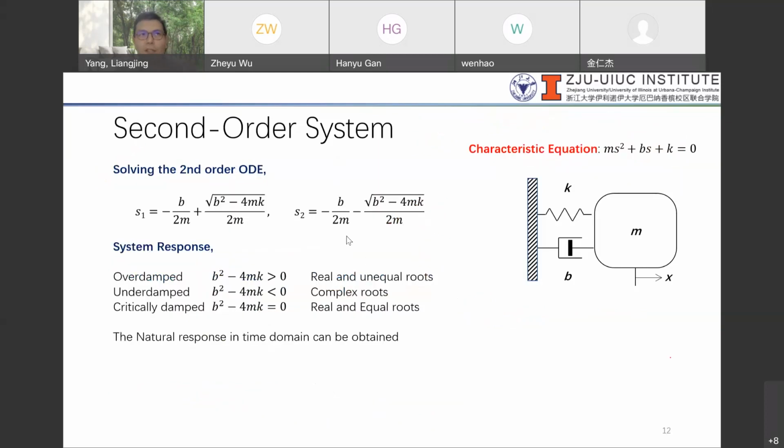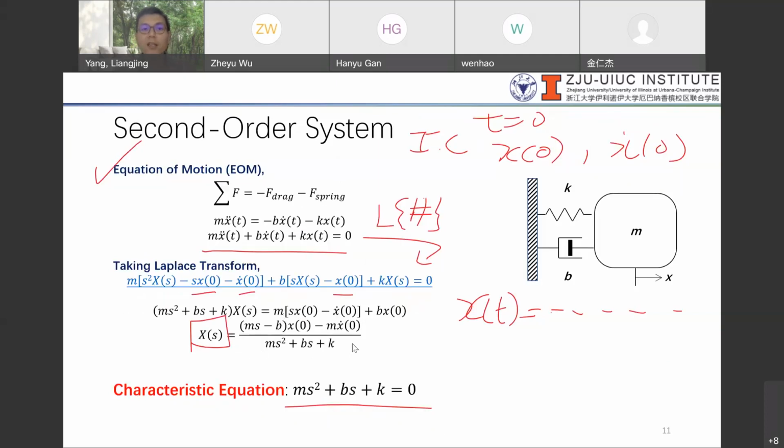Okay, so we want to find the characteristic equation. If we solve for the root, that is actually giving us the pole of the transfer function. If you look carefully here, if this part becomes 0, we are actually getting the pole. So we call this the characteristic equation.